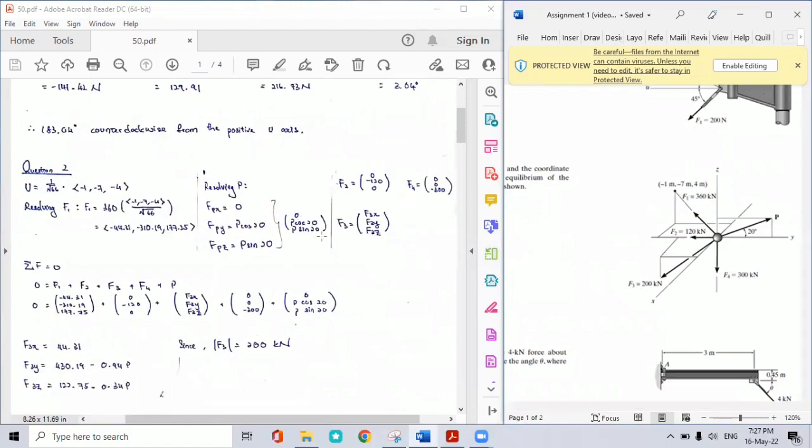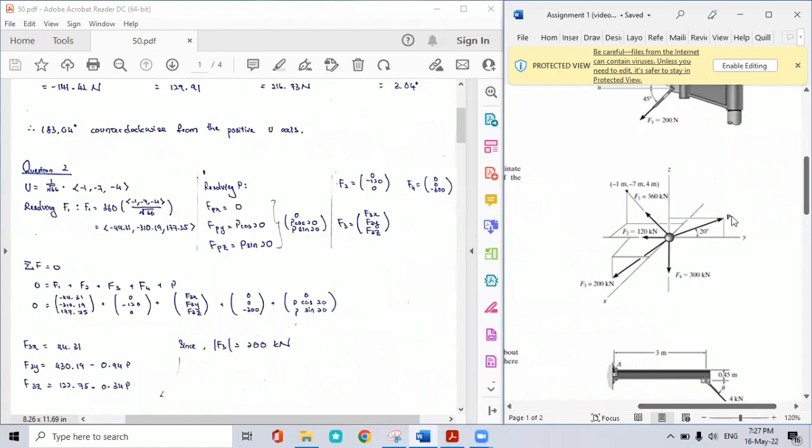In this question, we have to resolve these forces into three different directions: the Z direction, Y direction, and X direction. After that, we have to resolve the force P into Y and Z directions. Since P doesn't have any X direction, the X coordinate will be 0.